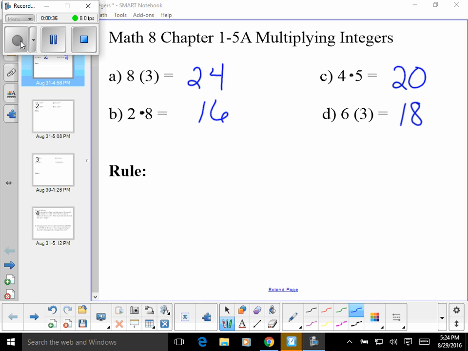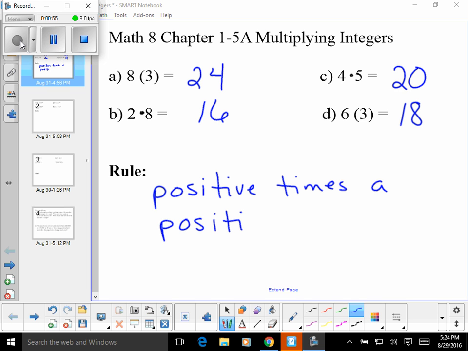In this particular instance, we are working with a positive integer times a positive integer. So a positive times a positive is going to equal a positive integer.